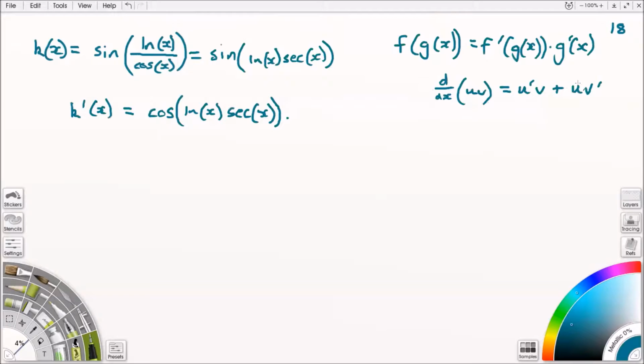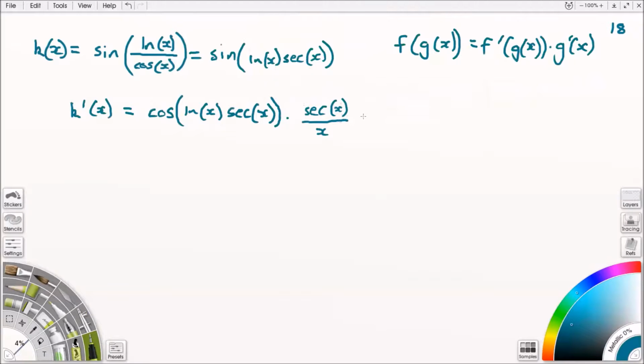So let's say let u equal log of x, times v, which is secant. Well, the derivative of log is 1 over x. So we can bring the secant x up and put that over x. I'm actually going to get rid of this since we all probably have that in our heads now after using it quite a bit.